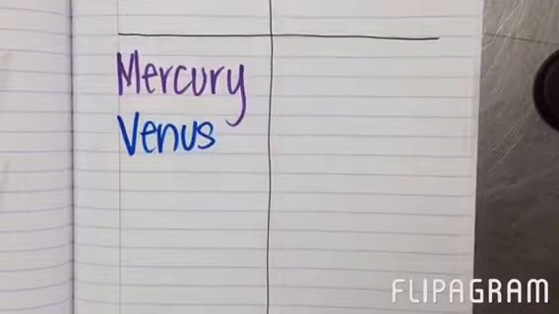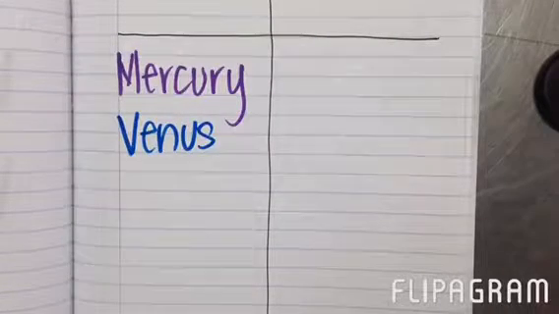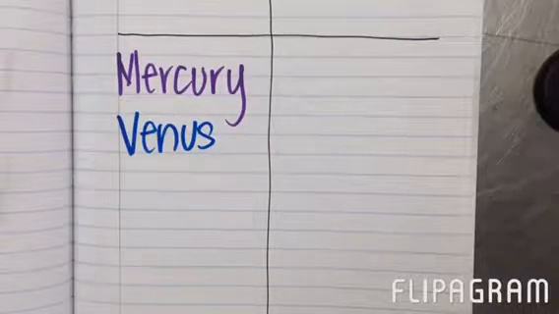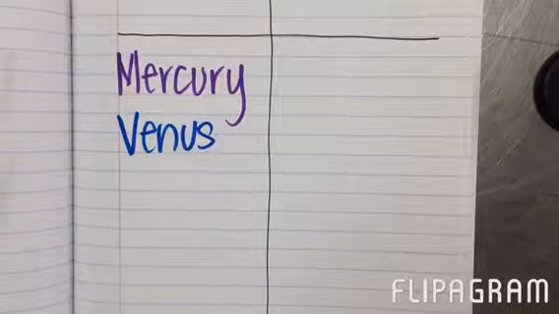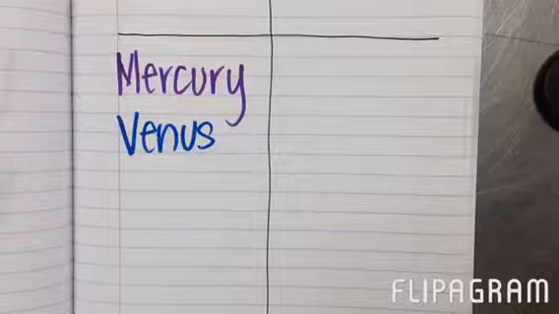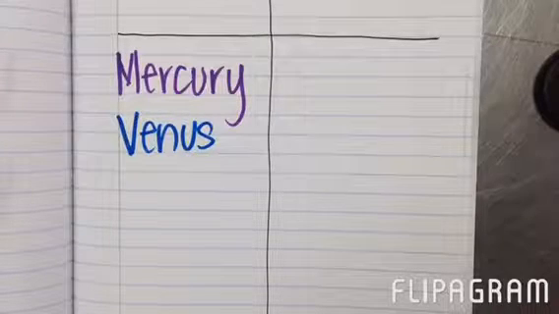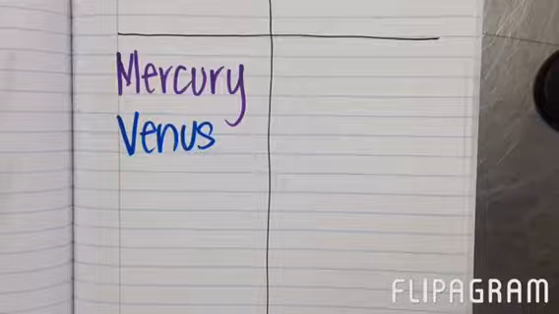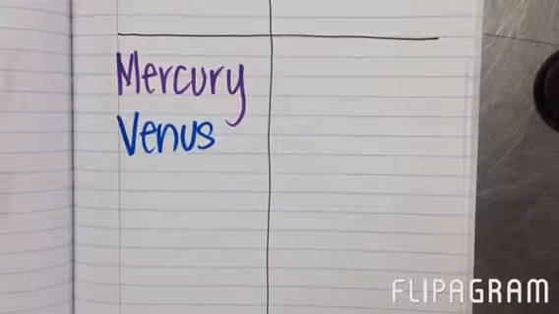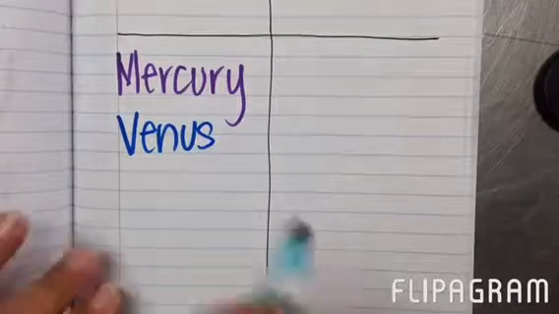Venus is very much like Earth. So you'll find out that this is actually called Earth's sister planet because it has a lot of characteristics Earth has. So the next planet, of course, is Earth.